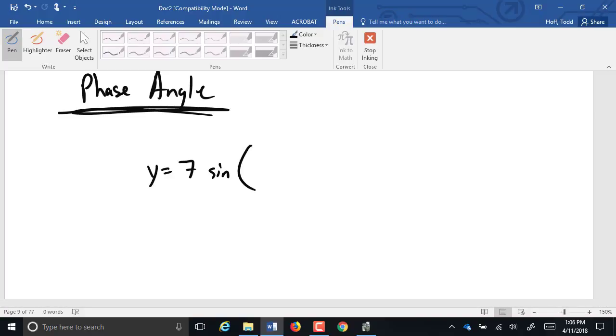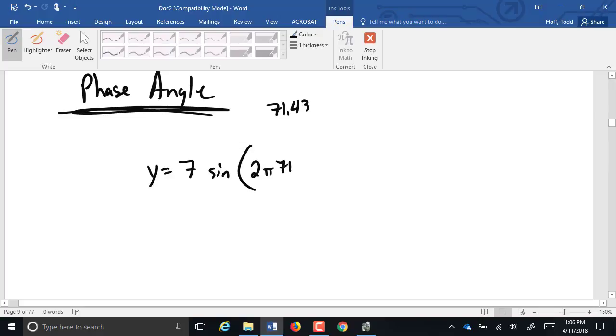Our frequency was 71.43, so 2 times pi times 71.43 times t plus that phase shift of, how do we write that in though?